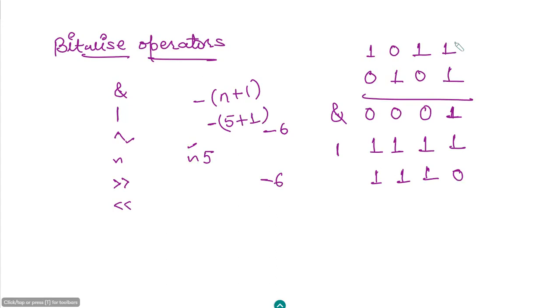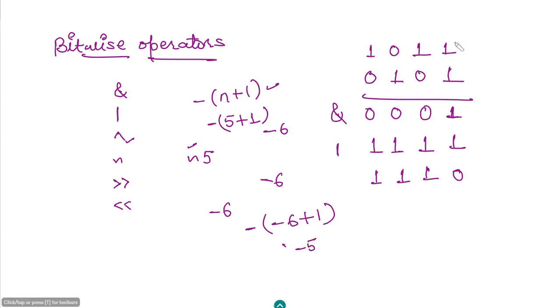And if I say complement of minus 6, put the same value in this formula. What is the value of n? Minus 6, and plus 1, and put the minus sign outside the parenthesis. Now solve inside the parenthesis: minus 6 plus 1 will become minus 5.